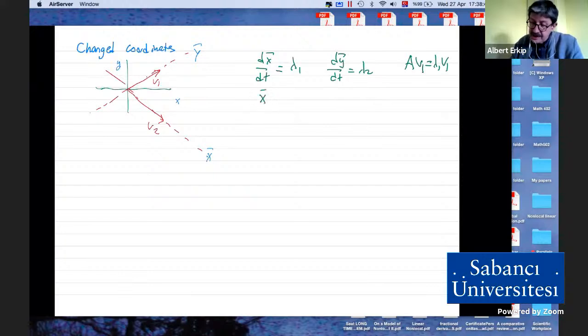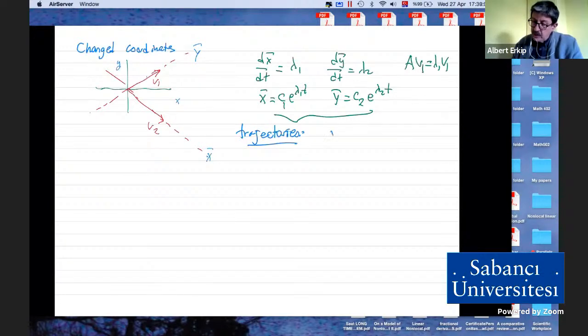So I get x bar equals c1 e to the lambda 1 t, and y bar equals c2 e to the lambda 2 t. Now, eliminating t, my trajectories will be, well, y bar is some constant times x bar to the lambda 2 over lambda 1. So these will be some curves in the xy plane.